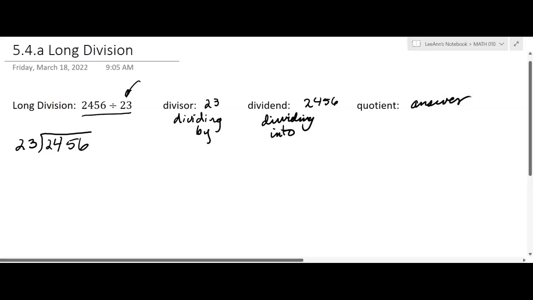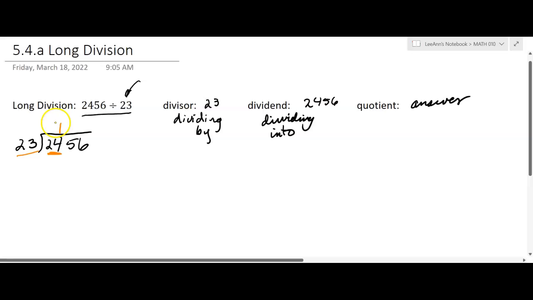Okay, so we're going to go ahead and go through this division process. When we do this, we look at the 23, the divisor, and we don't look at the whole number. We just look at the first two numbers, or the numbers that we need for the 23 to go into. It's got to be bigger than 23, right? 24 is bigger than 23. So 23 goes into 24 one time.